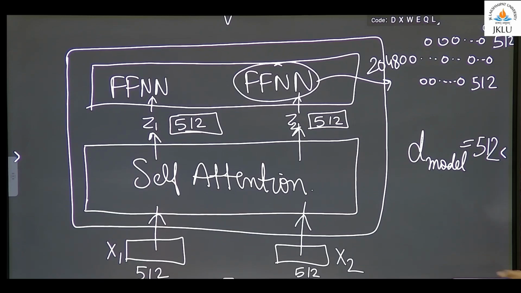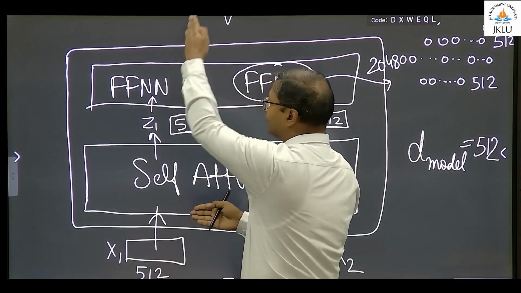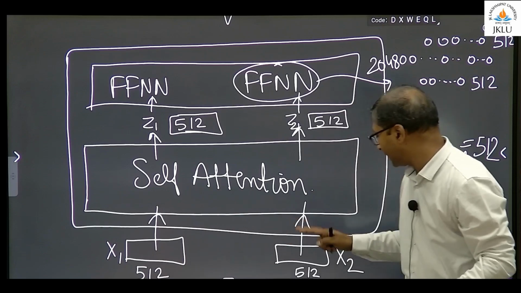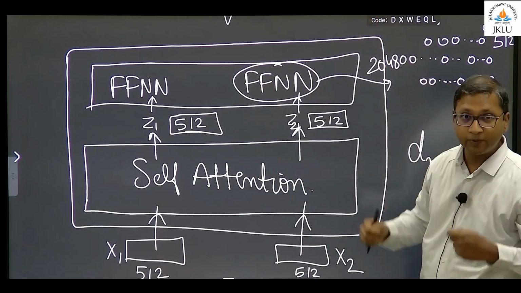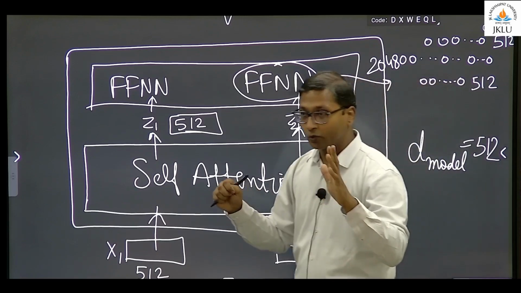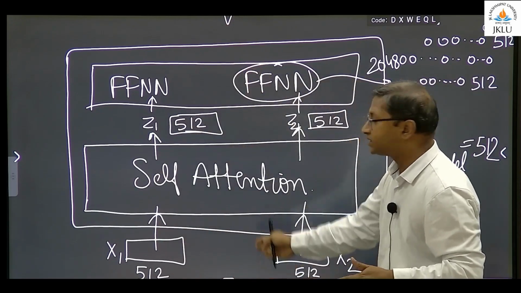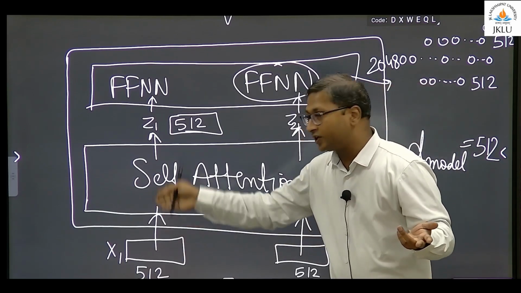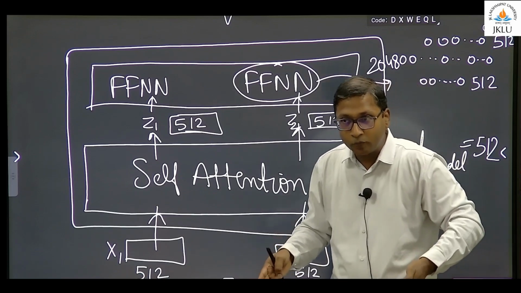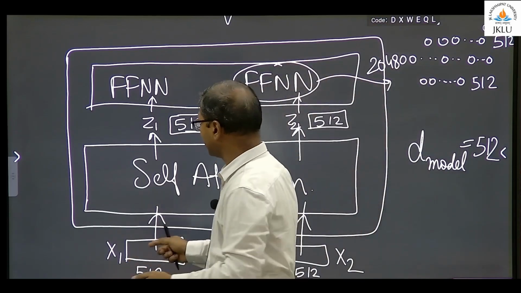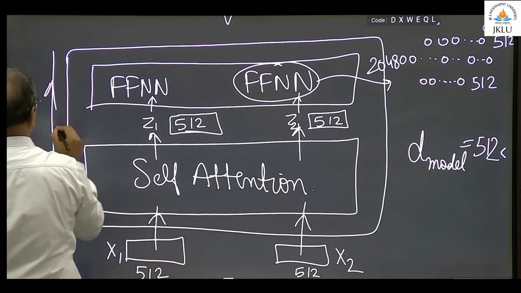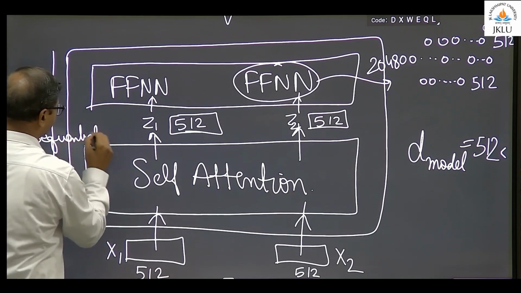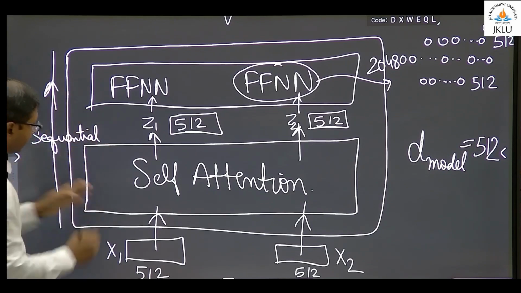So now we are just looking at one part, because these branches are parallel. You can input this x1 and x2 at the same time. They will be processed together on GPUs in parallel. In the original transformer, how many branches will you have in parallel? 512 branches being processed in parallel. This direction is sequential, once you take this branch.